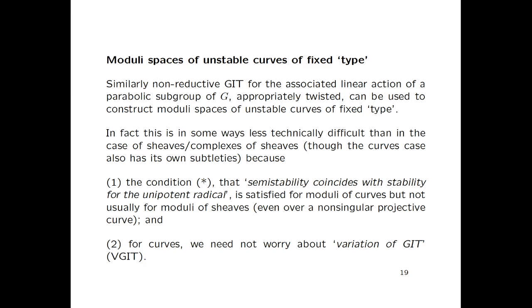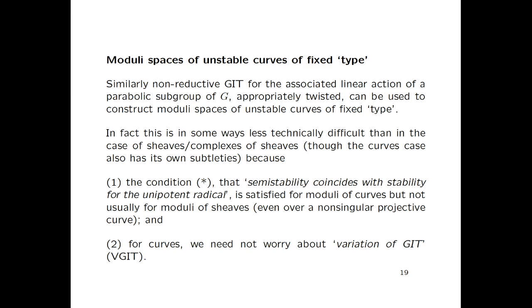So the idea is that you want to, first of all, work out, in this case it's not so clear as in the sheaves case, how to parameterize these unstable strata and what the type of the unstable curves should be that corresponds to the different strata that come in.